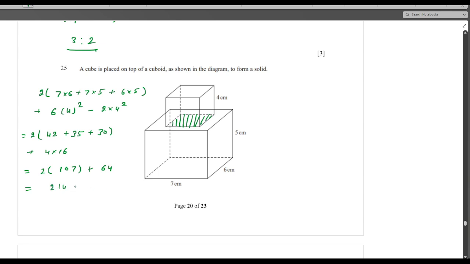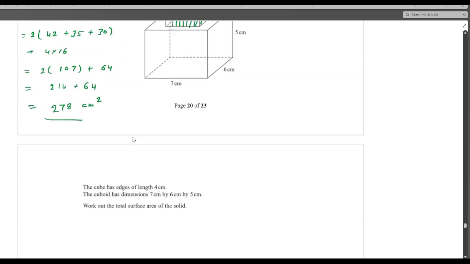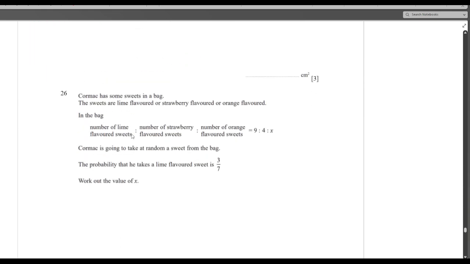So this is 214 plus 64. Now 4 plus 4 is 8, 6 plus 1 is 7, 278. The unit for surface area is centimeter square. So this is your question number 25, 278 centimeter square.